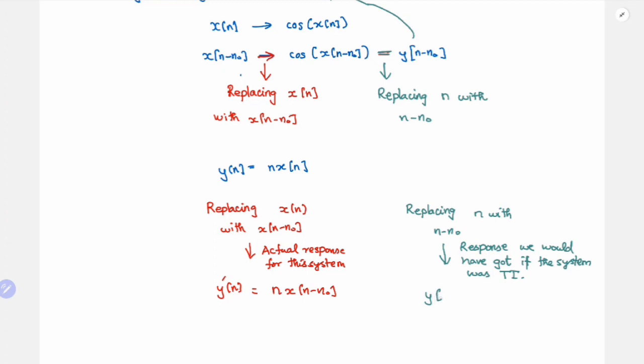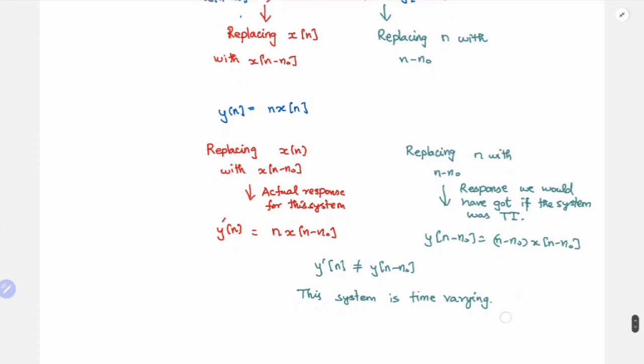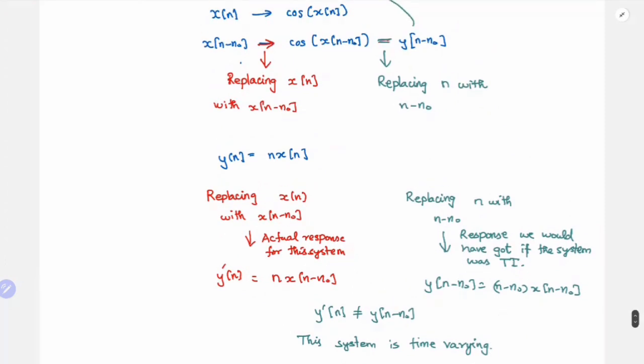So what will our y''[n], or this is just y[n - n0], be? It is (n - n0) x[n - n0]. So clearly y'[n] is not equal to y[n - n0]. So this system is time variant, or time varying, right? It's not time invariant, it is time varying.